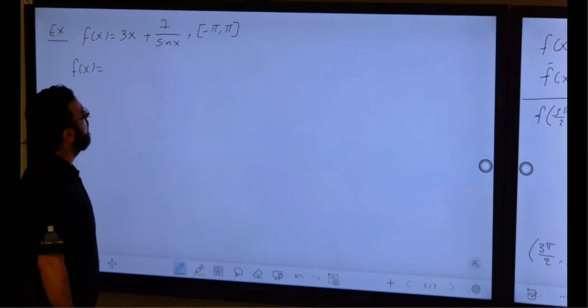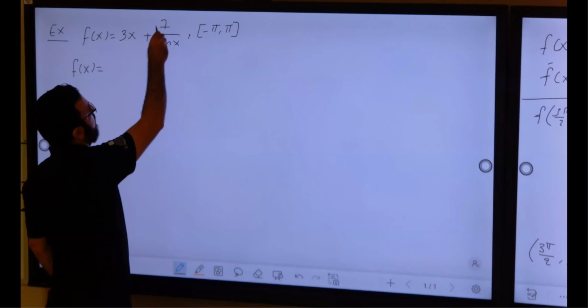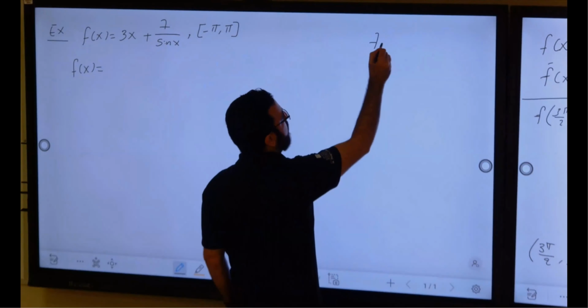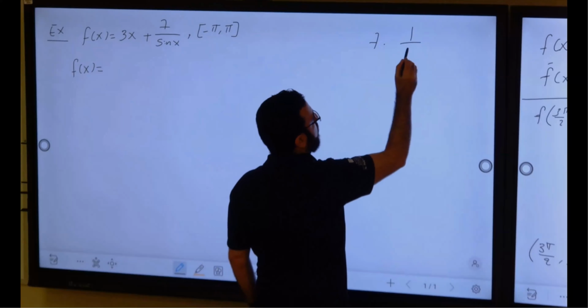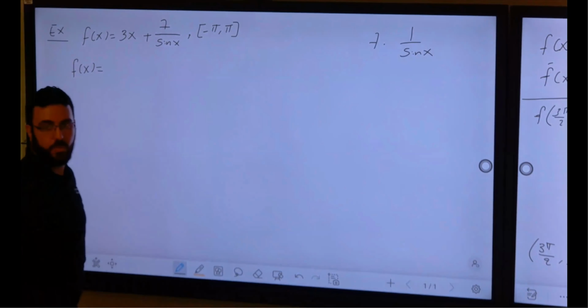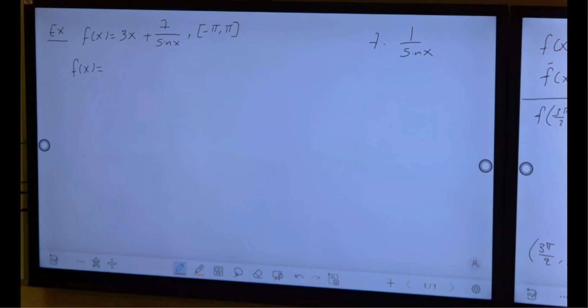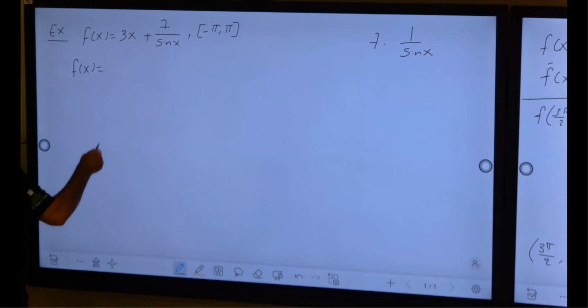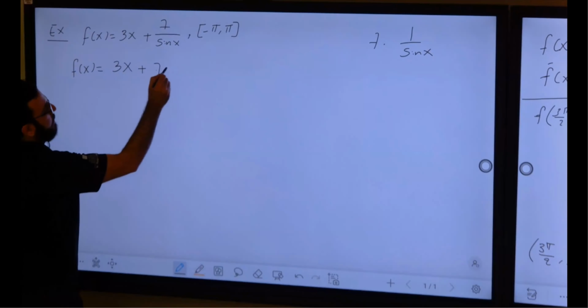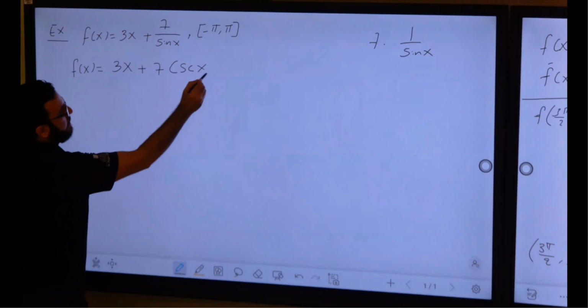So now, think about this part here. Keep the 7 on the side, 1 on the side, x as well. So here is 3x plus 7 cosecant x.